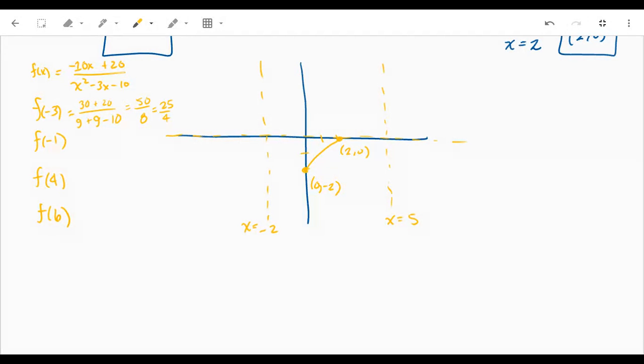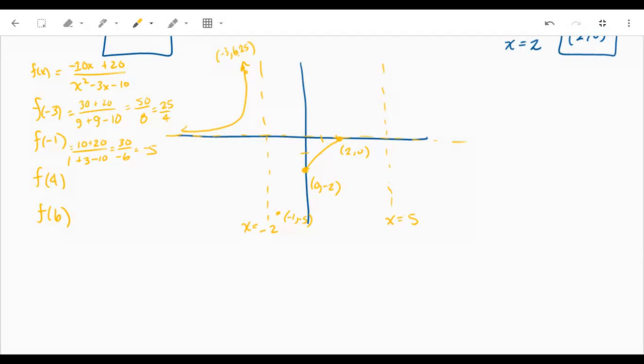So f of -3 is 6.25. So then that's pretty clear what's going on there. All right, f of -1, I'd have 10 plus 20 over 1 plus 3 minus 10. So 30 over -6, which would be -5. So (-1, -5). It's maybe right around there, which we kind of suspected would happen.